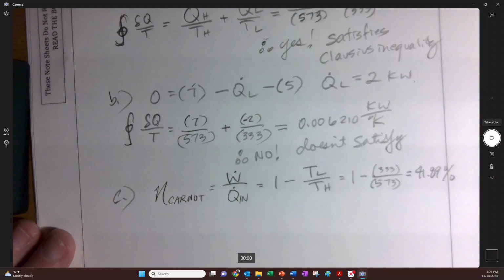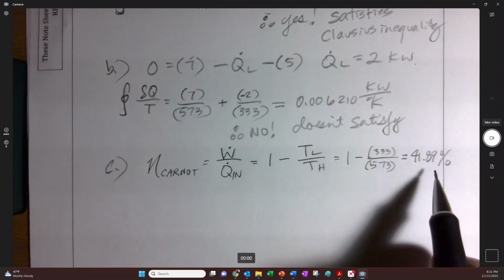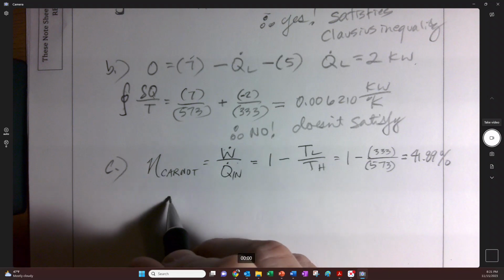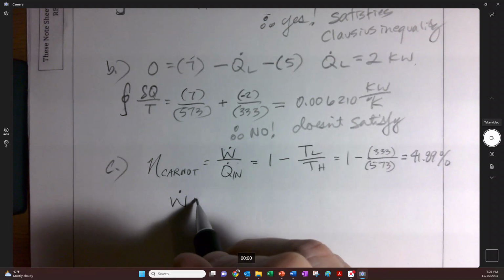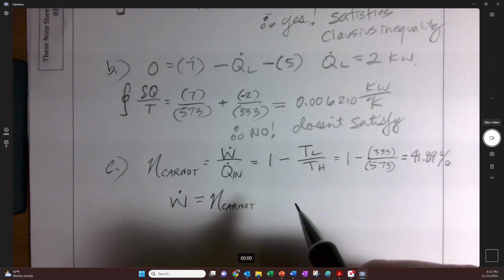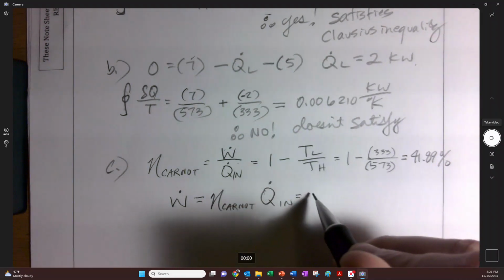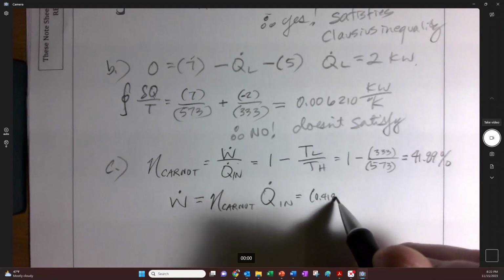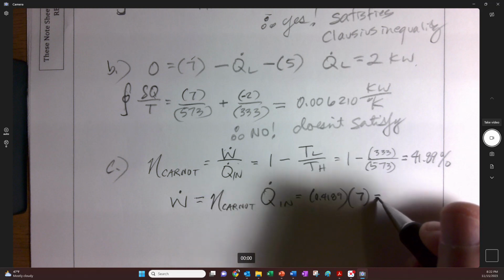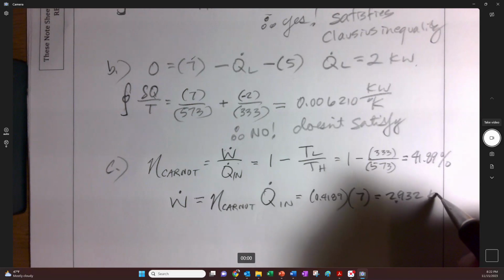Now we can find the work out, because we have the Q_H of 7. The work out is going to be the Carnot efficiency times Q_H. So 0.4189 times 7 kilowatts gives 2.932 kilowatts.